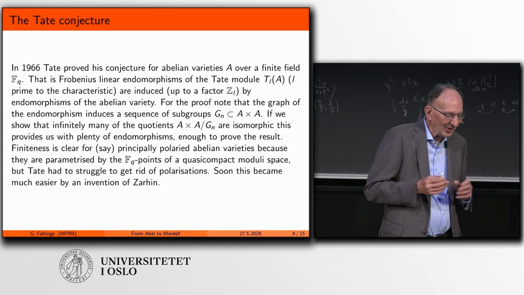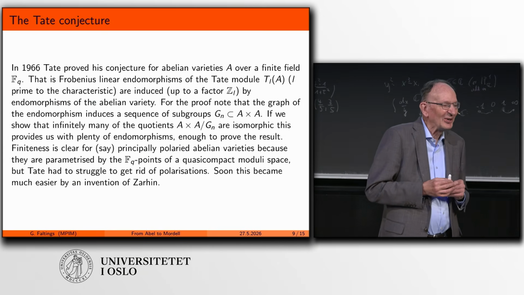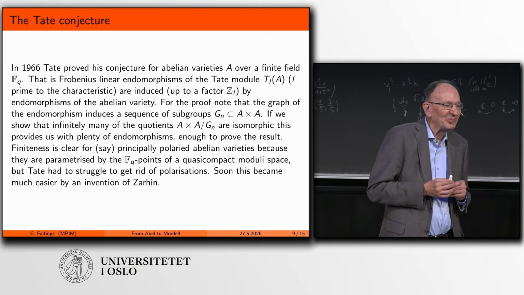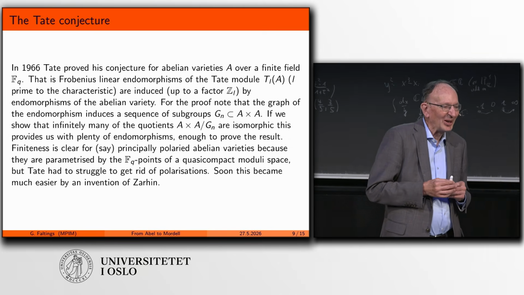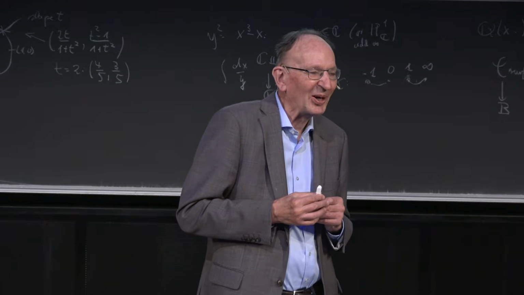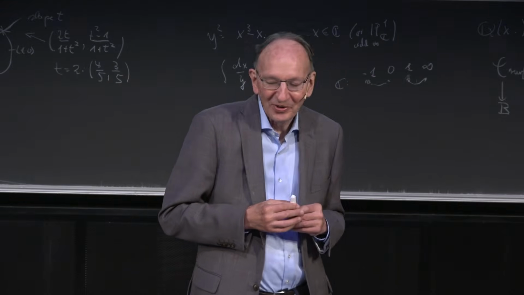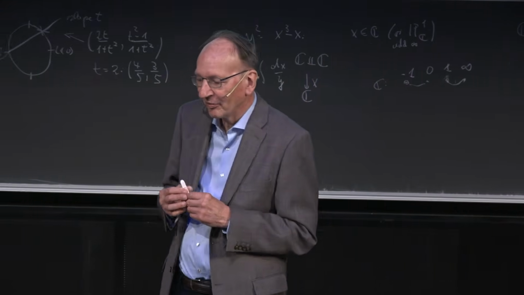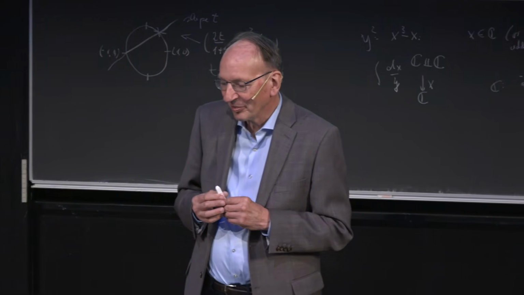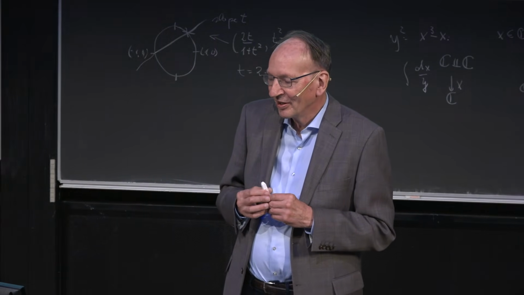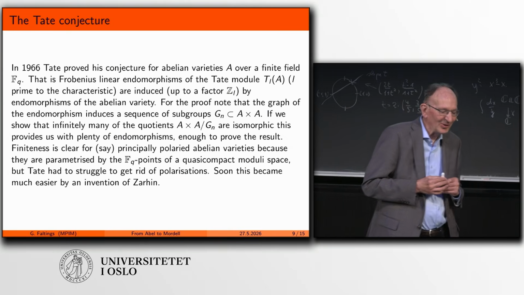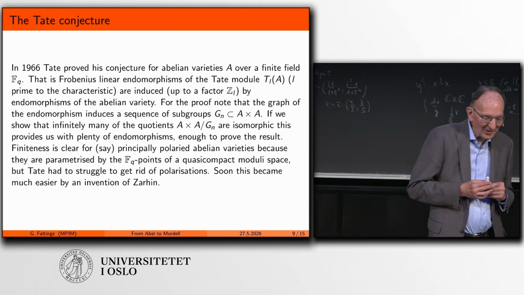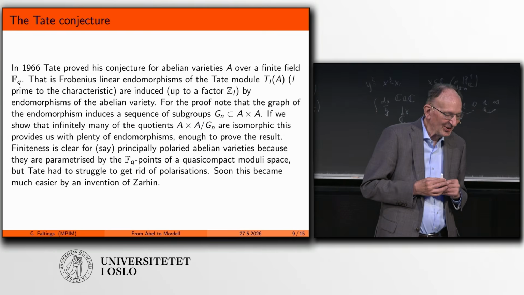And over a finite field, it has only finitely many rational points, and so there should be only finitely many isomorphism classes coming out of this procedure. So many of them are isomorphic, but the problem was this is true for so-called polarized Abelian varieties, and Tate had to really struggle to get rid of this.